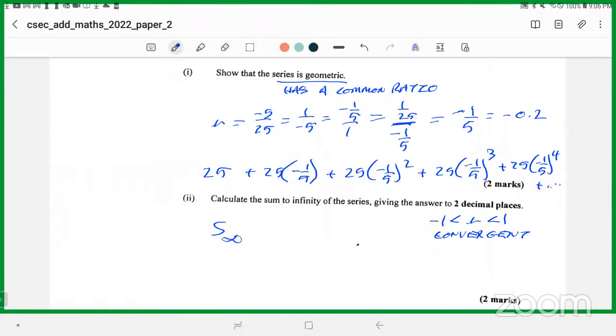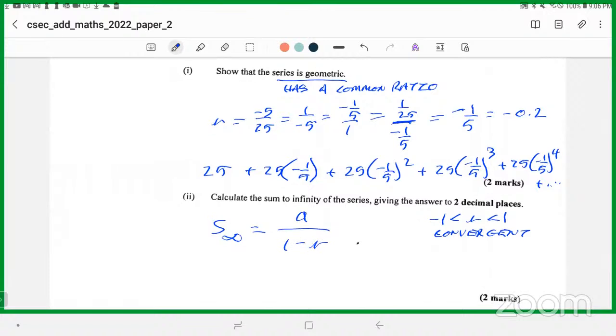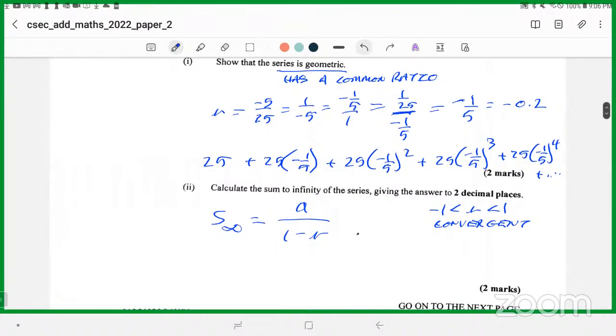The formula for that is a over 1 minus r. And for those who don't know how it comes to be this: the sum of a geometric series is a times 1 minus r to the n, divided by 1 minus r. Now, if your r is a fraction, when your n becomes very large, it means that you're multiplying a fraction a large number of times.